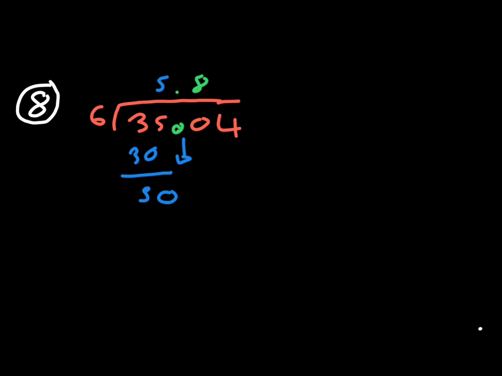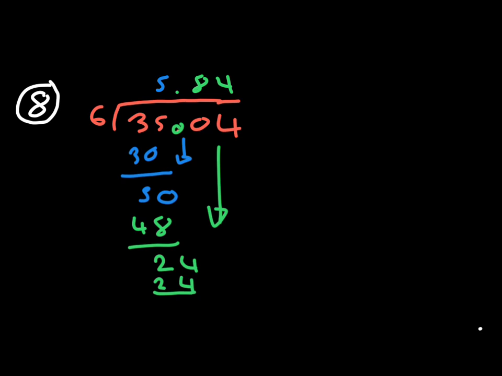So once again, 6 goes into 50 8 times. 8 times 6 gives us 48. We minus, and that gives us that 50 minus 48 is 2. We now need to drop the 4, and we get 24. 6 goes into 24 4 times. 4 times 6 is 24.